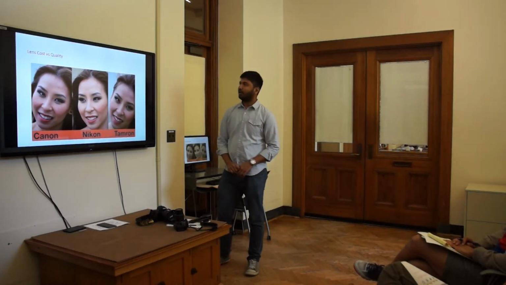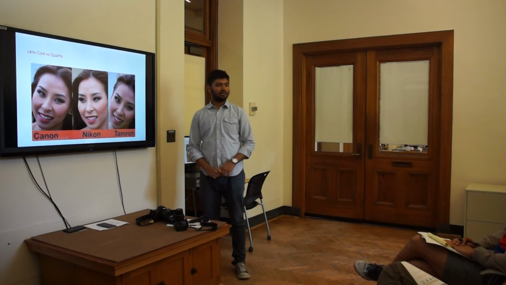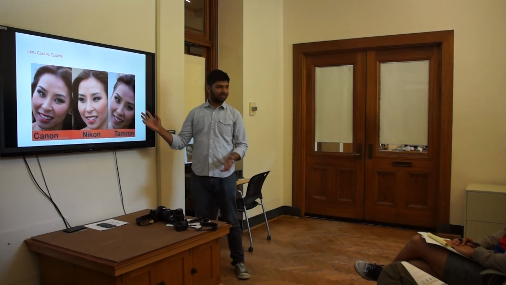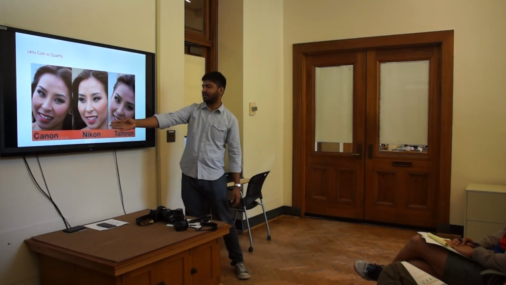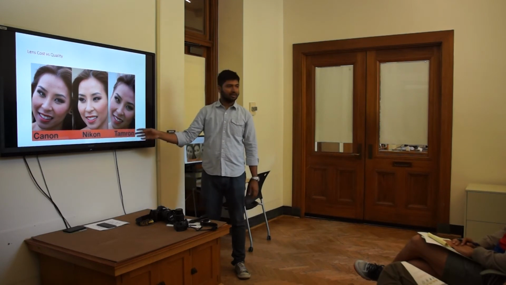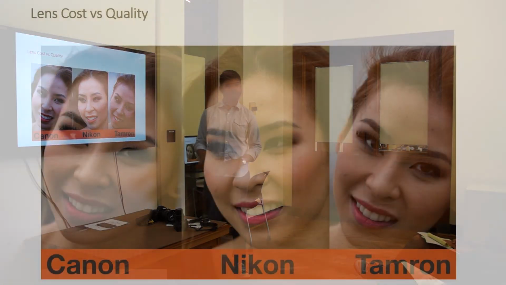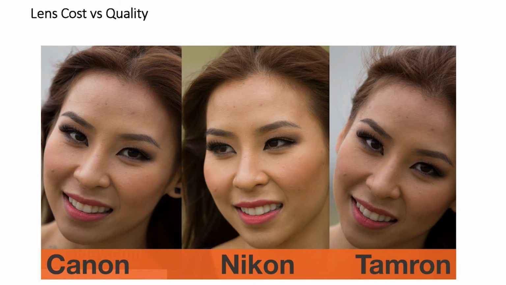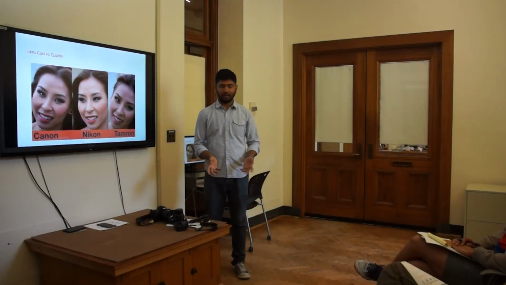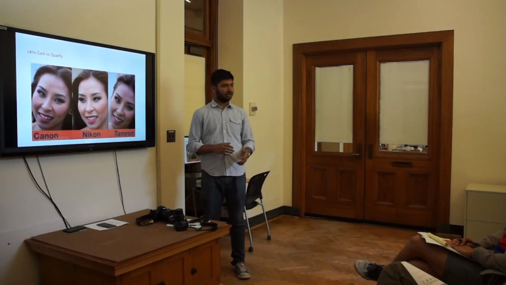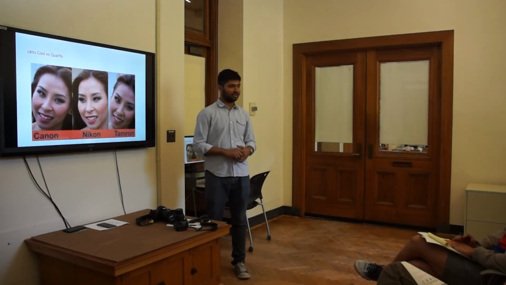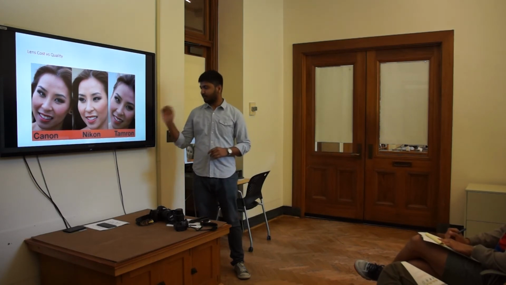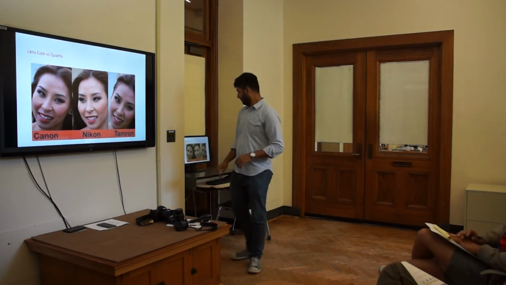But in terms of image quality, it's not much of a difference. You can see Canon, Nikon, and Tamron, you can't see much of a difference. It's again lens specific. Not all third-party lenses are good, but most of the branded lenses are good. So you should do a good amount of research before spending on any third-party lens.